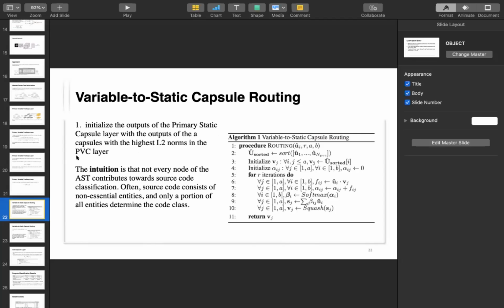PVC is the primary variable capsule layer, the last layer we introduced. So the first step is to sort the output of the PVC layer according to the L2 norm. And then we pick the largest A vectors and fix this A so that we can convert the variable to static.